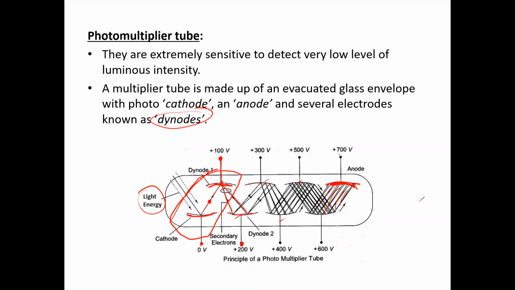But along with that, if you have multiple stages, it might enhance your electron production even more, because the dimension of the dynodes can become a factor here. Depending upon the dimension of the dynode, you can have some sensitive material.